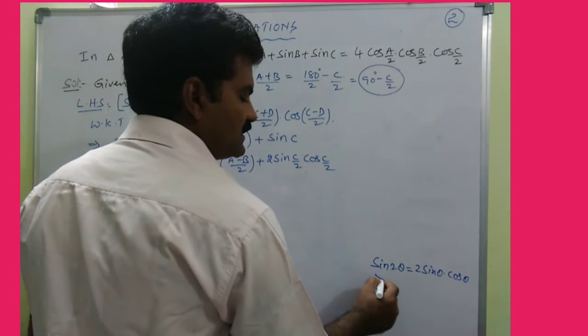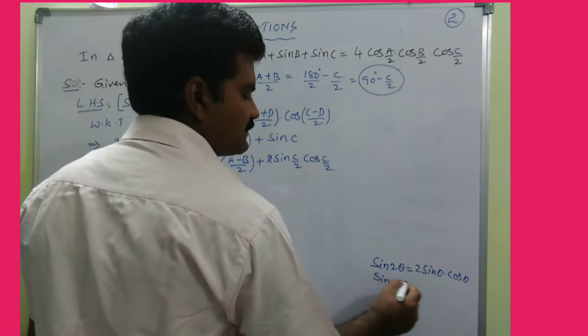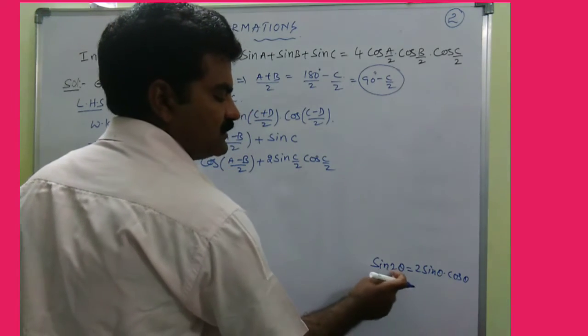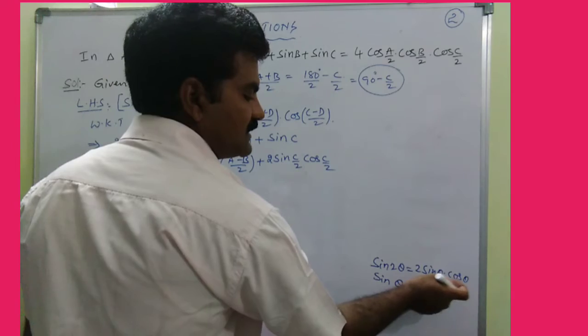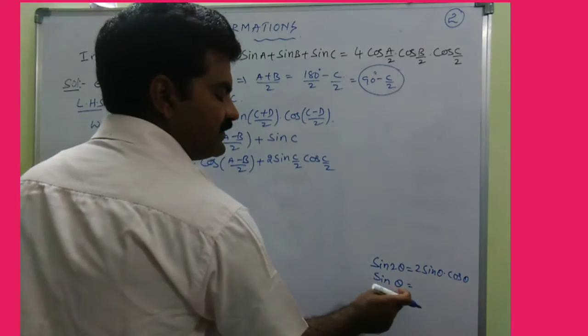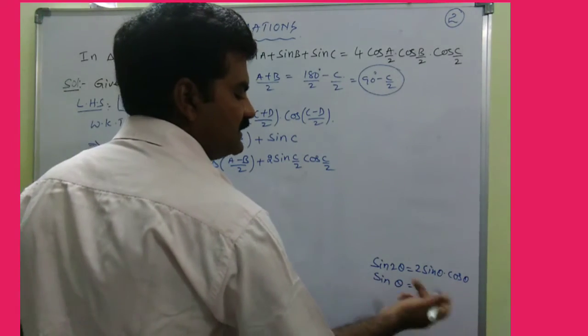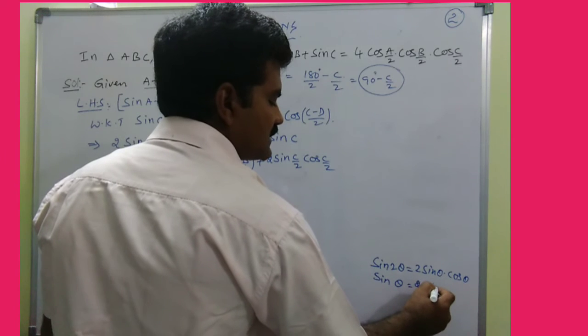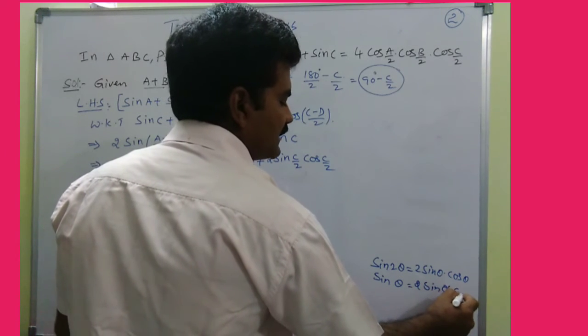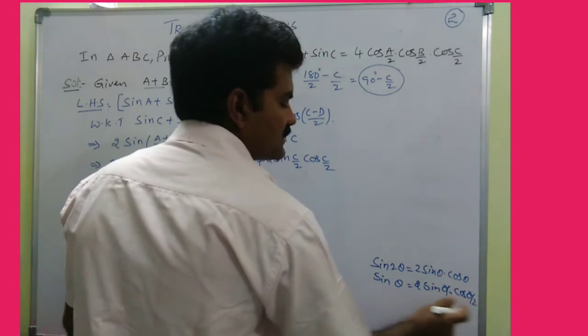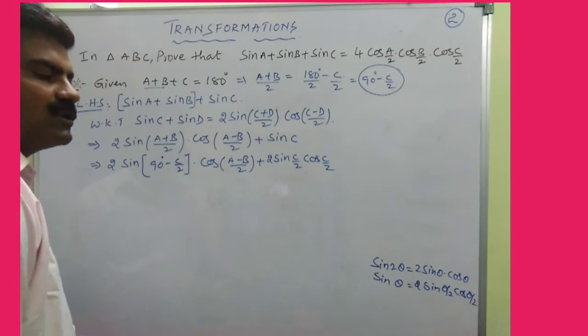Now if I want only sin theta, just follow the technique here. When it is 2 theta, the angle is half of it, that is theta. Now here, if it is theta, then half of theta is theta by 2, and the same formula we can write like this: 2 sin theta by 2 into cos theta by 2.